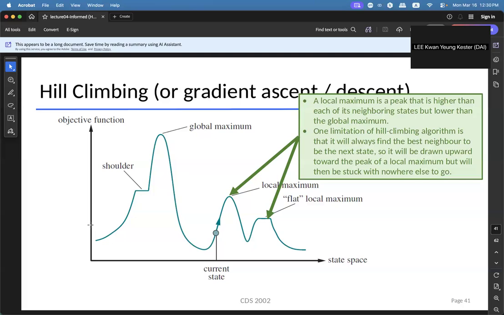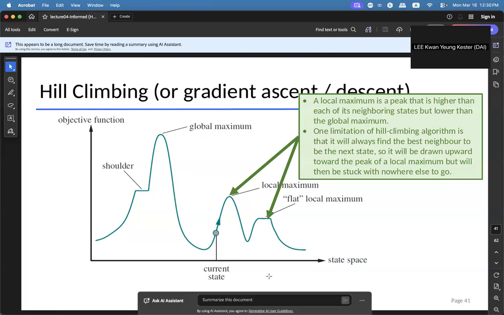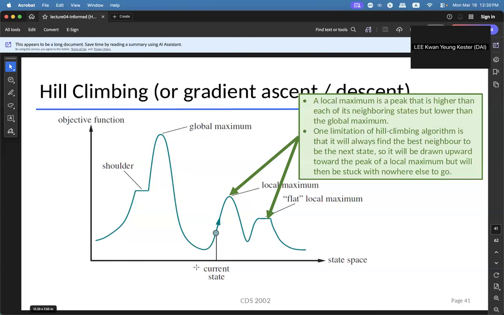So the x-axis is representing the state of the problem. Any point in the x-axis represents a possible state in the problem. And the line in the graph represents the relationship of each state in the problem against the objective function.